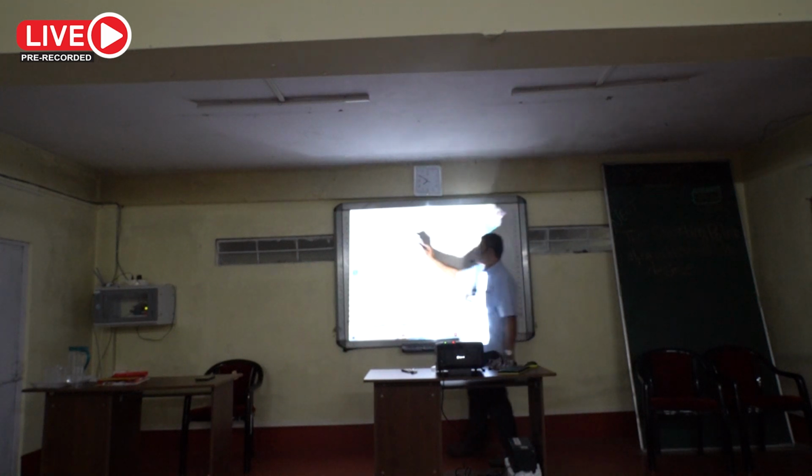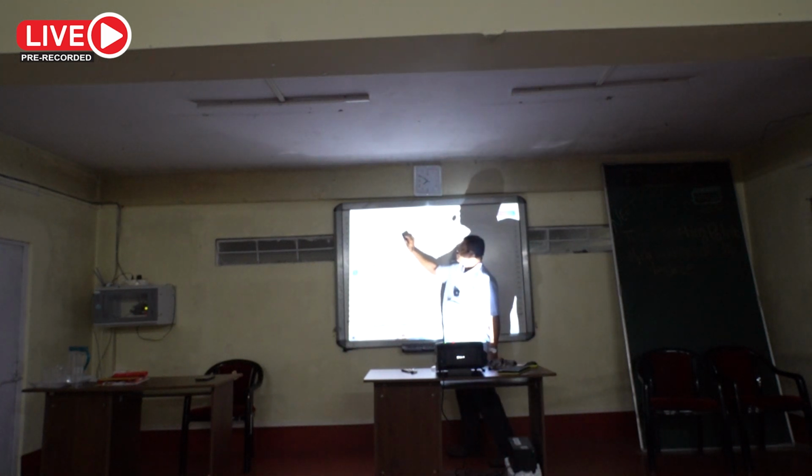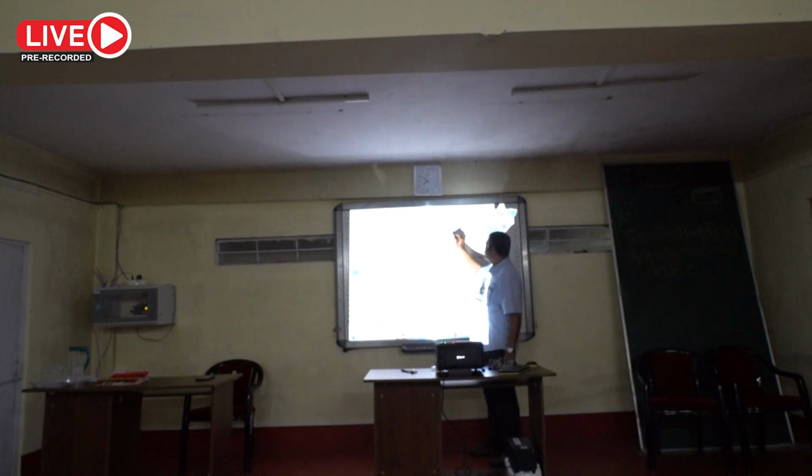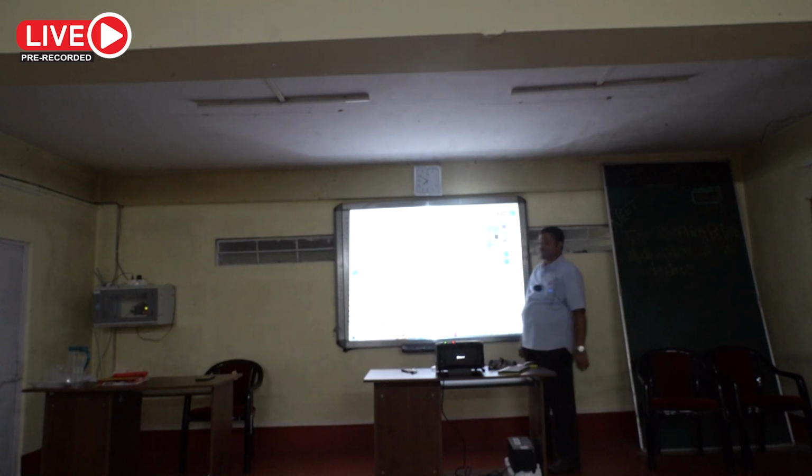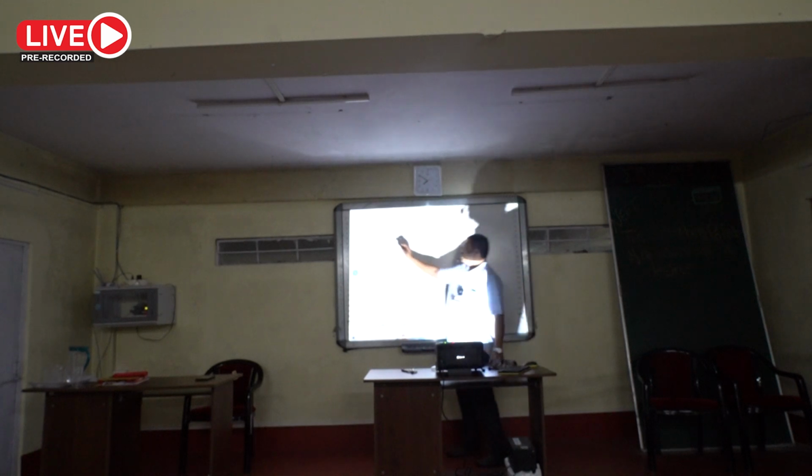So here it is +5 to +2, +2 to +3. A redox reaction occurs. This is the first step in the Brown ring test.